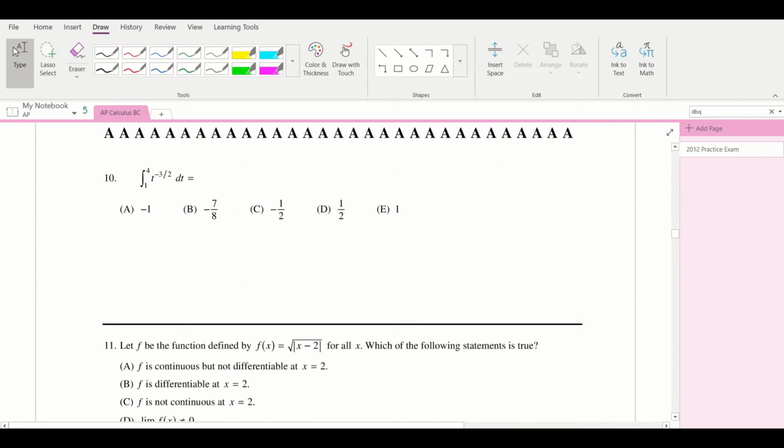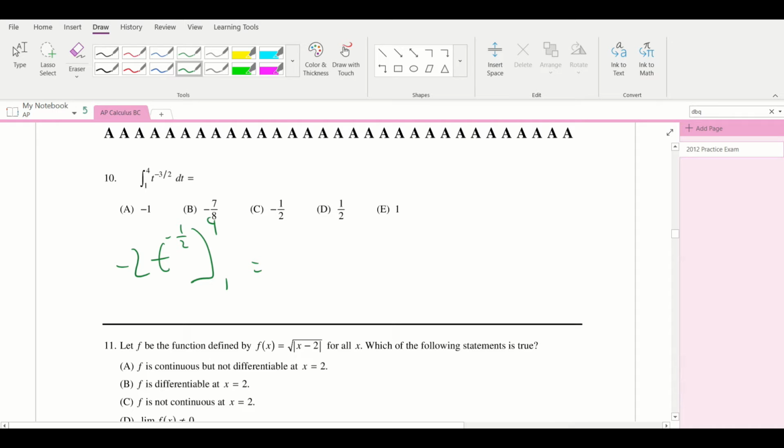Now we just have this integral here. We can just do it. So we have t to the power of negative 1/2 times negative 2. Right, so the derivative of this is just t to the power of negative 3 over 2, from 1 to 4.